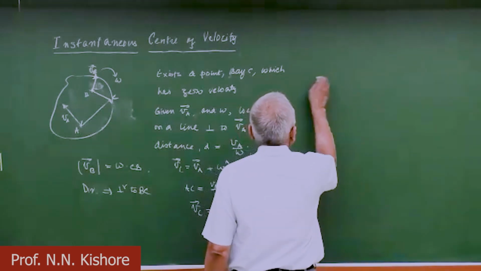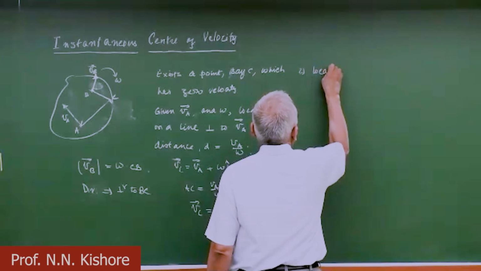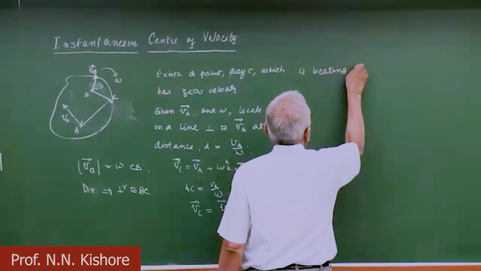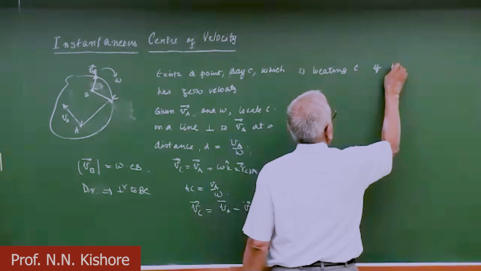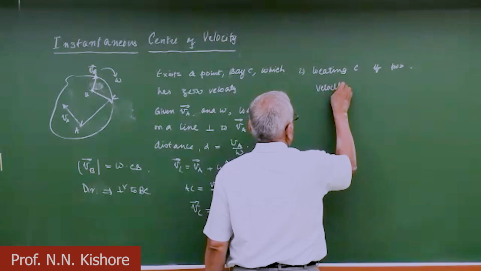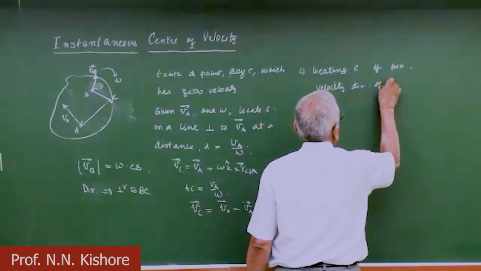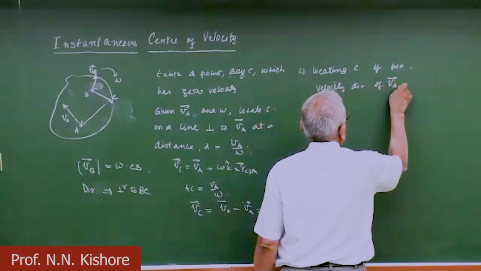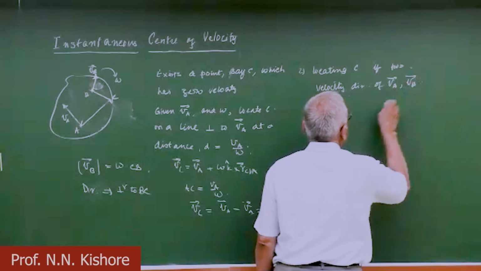So the other method is locating C if two velocity directions, say of VA and VB, are known.